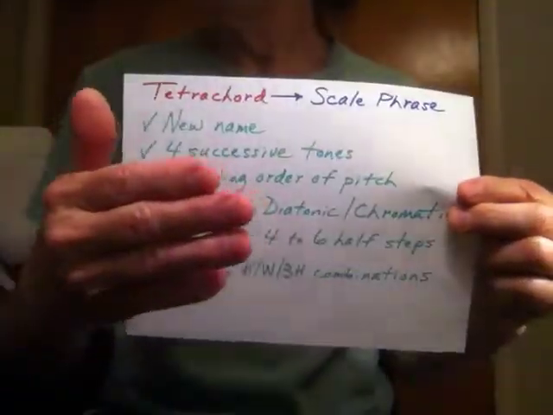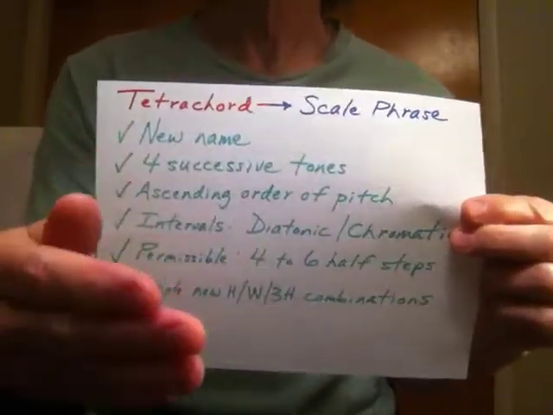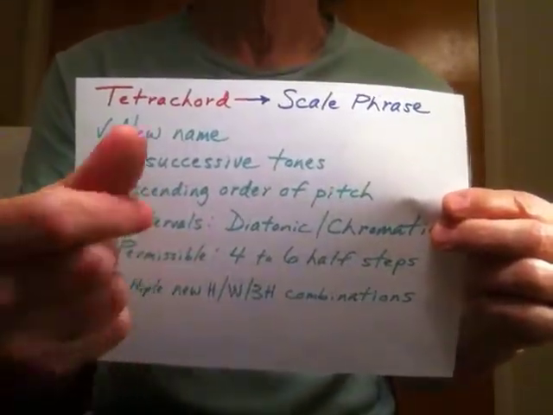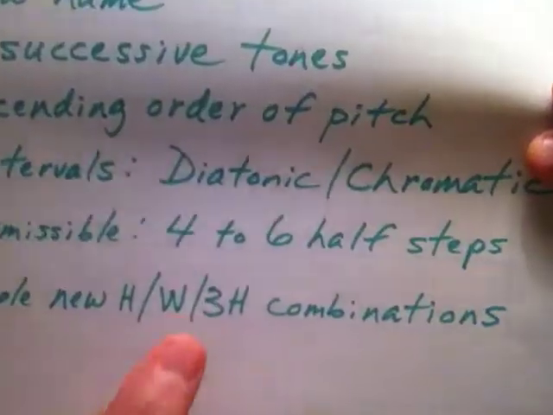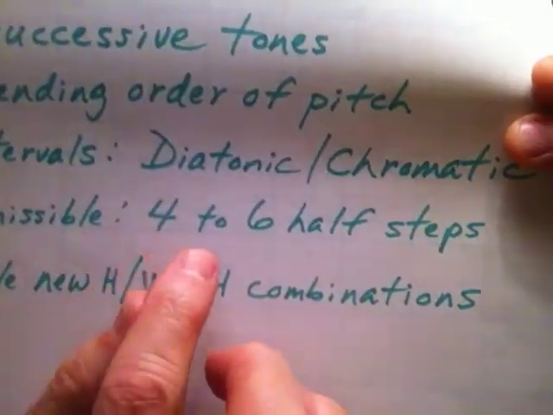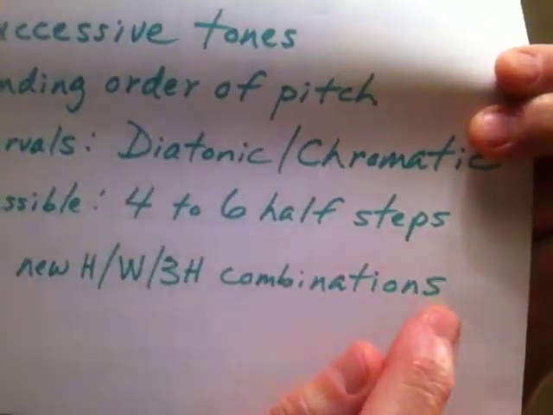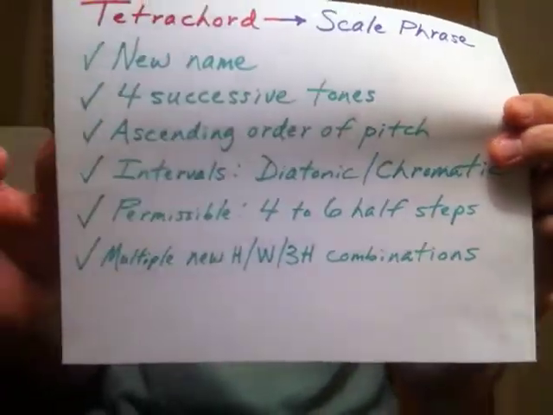Well, the tetrachord was 5 half steps from first tone to last tone, or an interval of a perfect fourth. But in my system, 4 to 6 half steps are allowed in that scale phrase. 4 to 6 half steps.